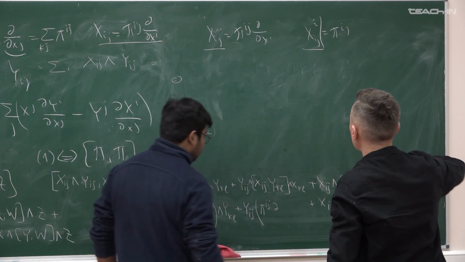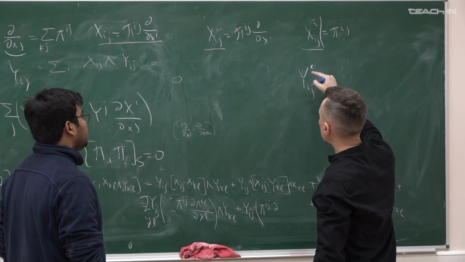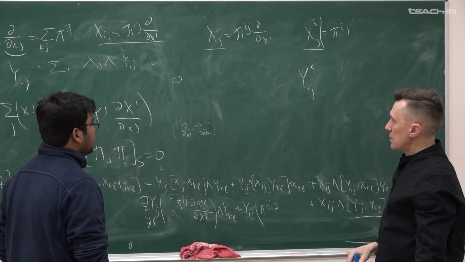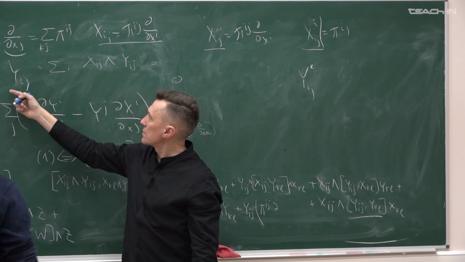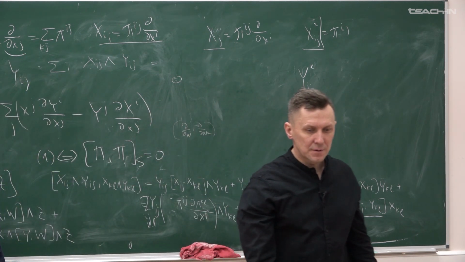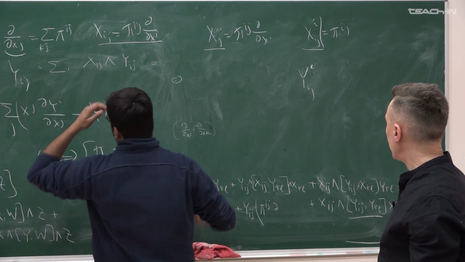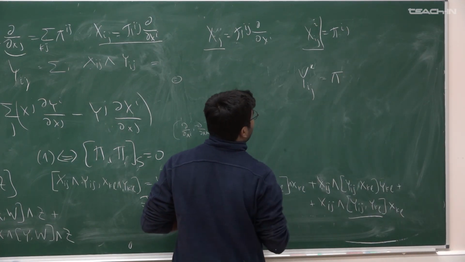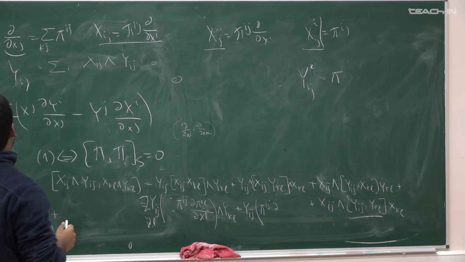Could you write the coordinate of ij? What is the k coordinate of this vector field? Just write like pi ij. No, the same analogy. No, this is this vector field. So we have used the same thing, and this will be like some pi. No. Just because it doesn't have any pi here.